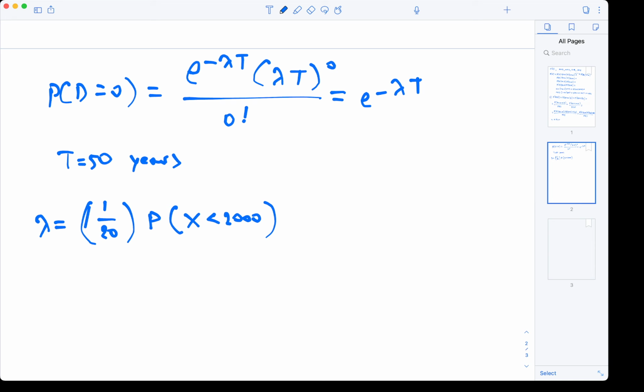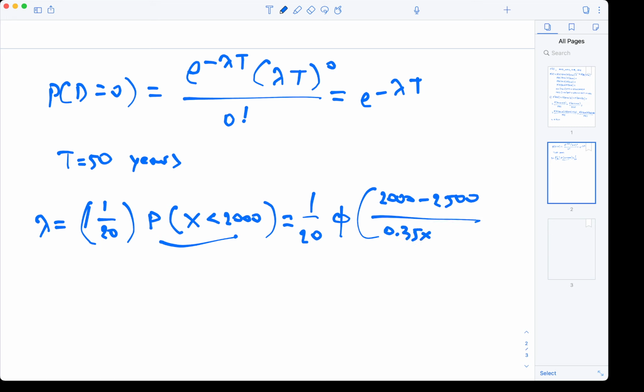So for this, because we know that it's normally distributed, we have 1 over 20 times phi of 2,000 minus 2,500 divided by 0.35 times 2,500. And with this, we can finally get a probability of 0.284 after it's multiplied by the occurrence rate of 1/20th, giving 0.014.